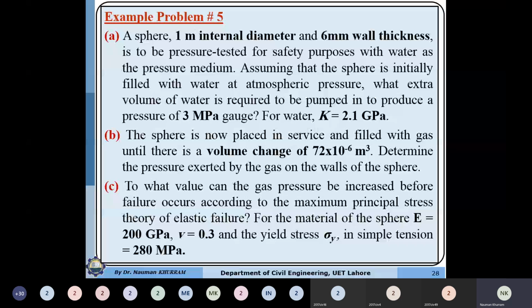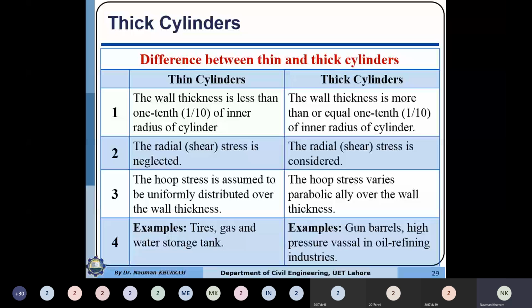Next, I will quickly explain the difference between the thick and thin cylinder. In a thin cylinder, the wall thickness is less than 1 by 10th of the inner radius or 1 by 20th of the inner diameter.